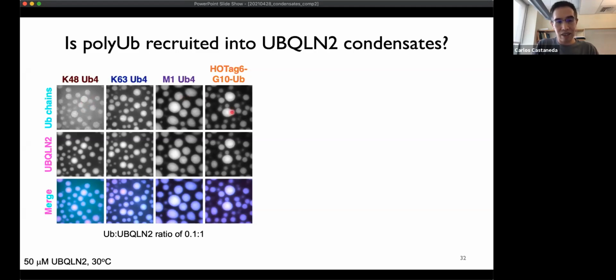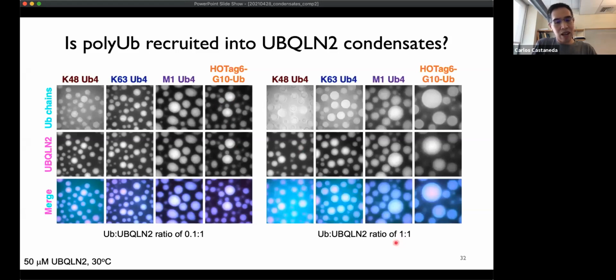This is definitely not the case as you go to the hot tag, where you can see there's clearly more of this ubiquitin chain in the droplet than you find outside. And as we titrate and go to higher stoichiometric ratios, 1 to 1 in this case, ubiquitin to ubiquilin, you see it's even clearer now that K48 really no longer has a preference for being inside or outside the droplet.